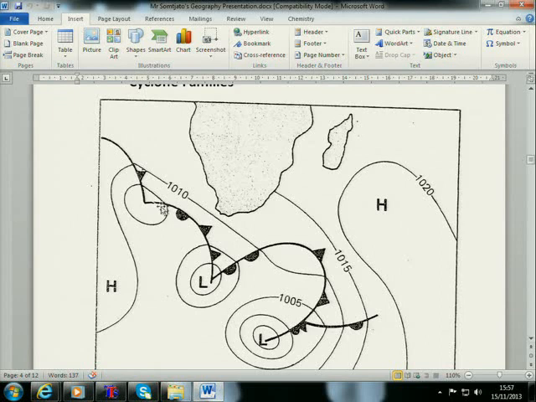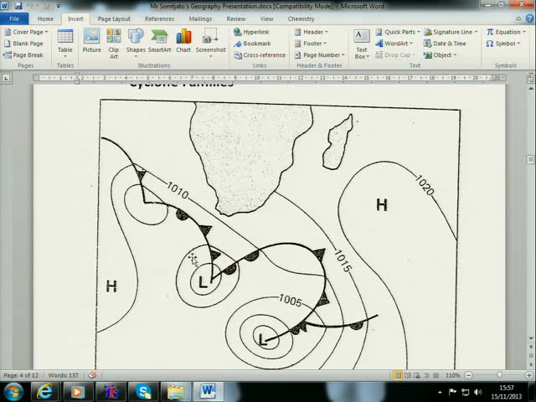Even if the developmental stage is not the same, you can see that the one furthest south, the oldest one, has reached the occluded stage. Can you see that? Yes, it has reached the occluded stage. The second one is in its mature stage. And the third one is in its initial stage.